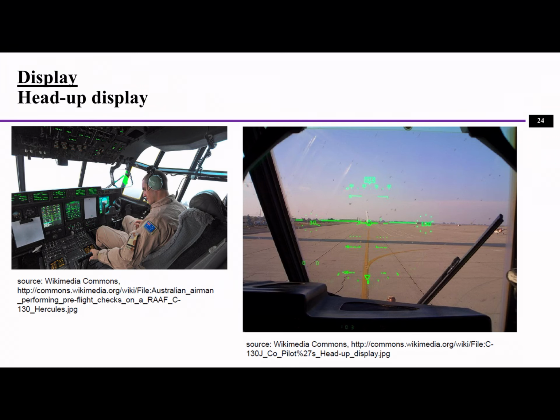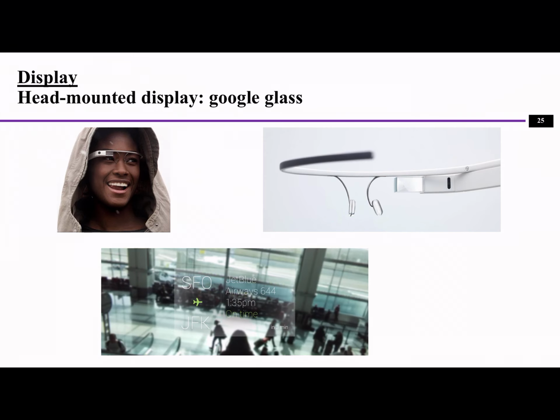That would be similar to this picture. So this is a very typical head-up display. And there are also displays like the head-mounted display. For example, you can use Google Glass to show some information in front of your eyes. So that's a head-mounted display.